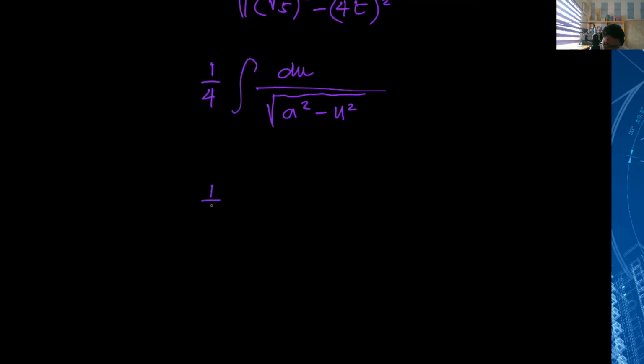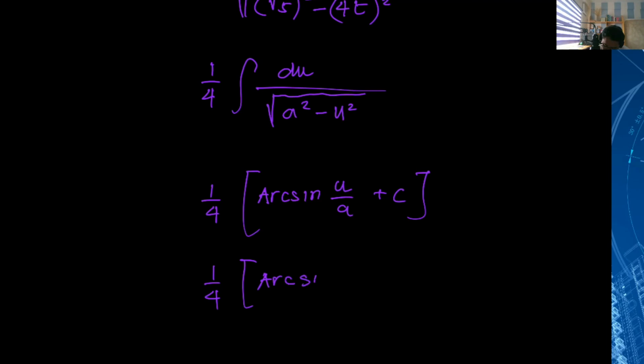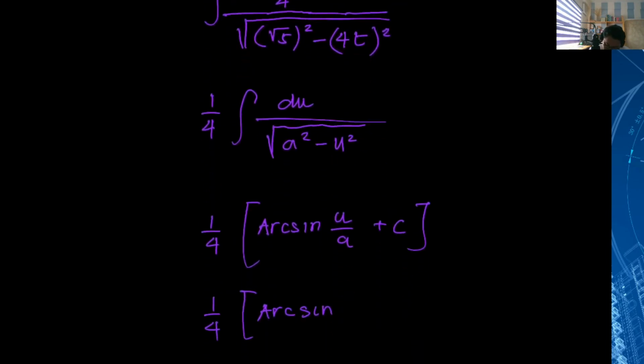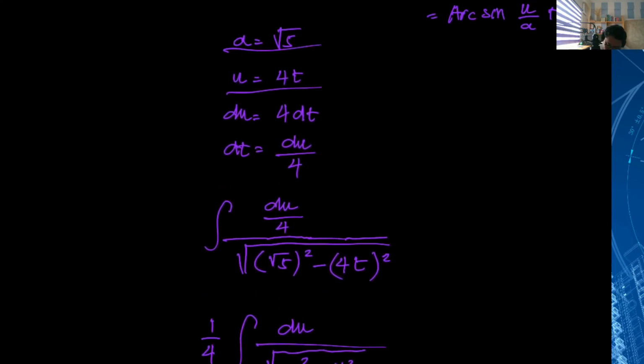So this will be 1/4 arc sine u over a plus c. Okay, so we will substitute the original value of u and a. So what is u? That is 4t, and a is the square root of 5.